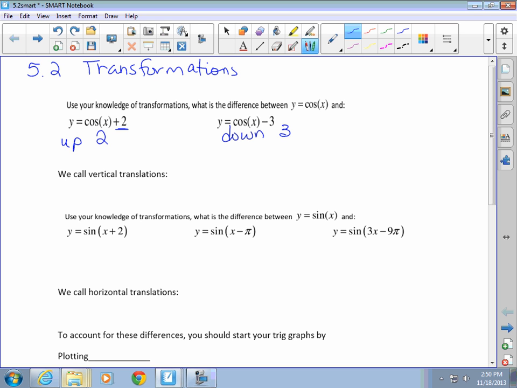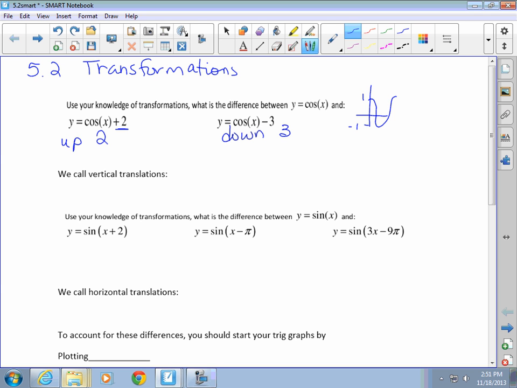Now remember with cos functions from last day, cos functions always start here and then they go down and then they come back up. So if this is 1, this point here would be minus 1. So that's a regular cos function, or a normal cos function if you want to call it that.